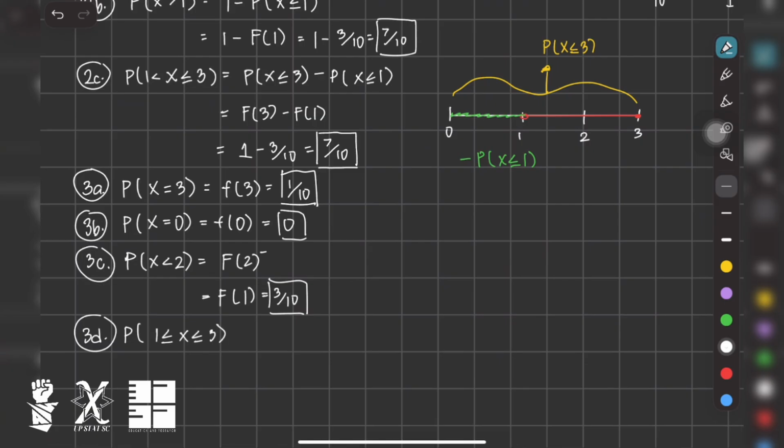So how do we break this down? We can break this down again using this concept right here, and I will explain further.